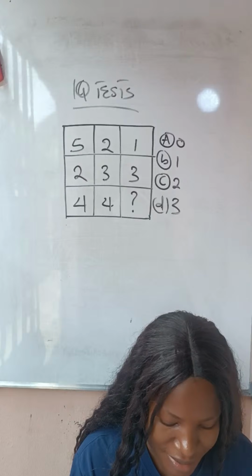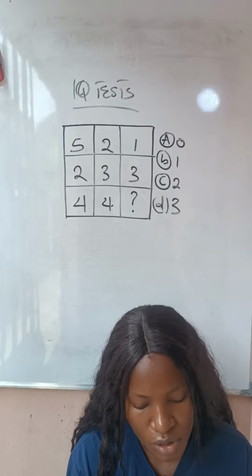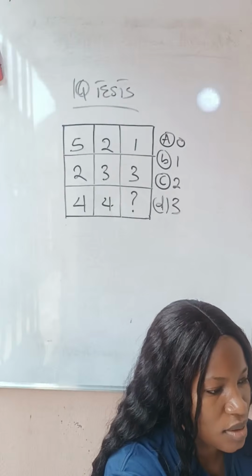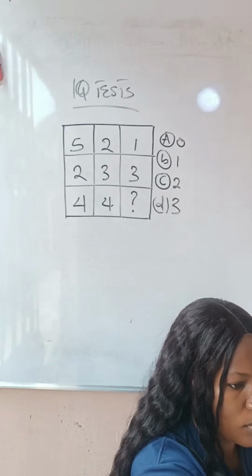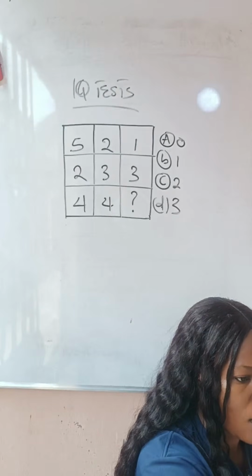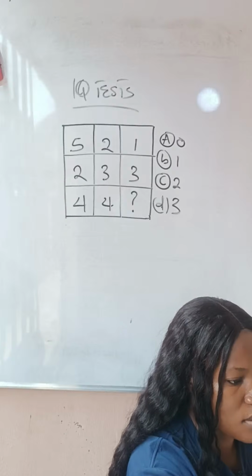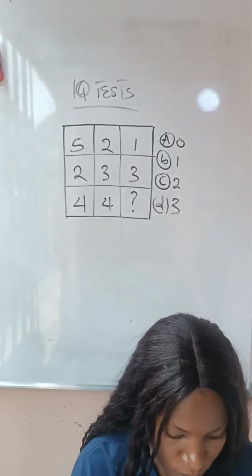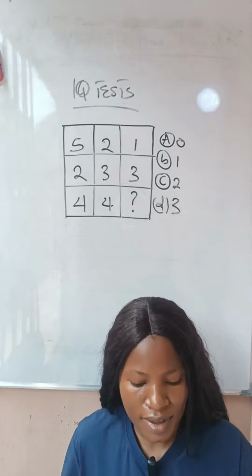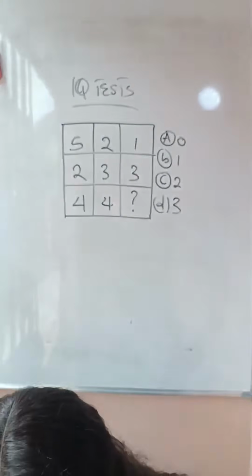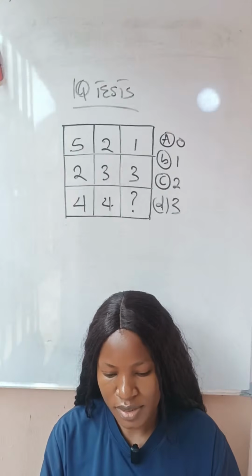W3S, hi, you are welcome. Thank you for joining. So what do you think the answer should be? We are asked to find the missing numbers. That is the question.